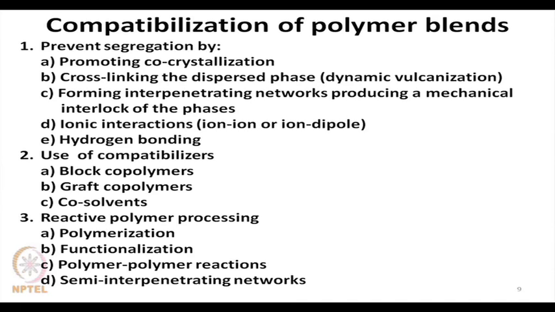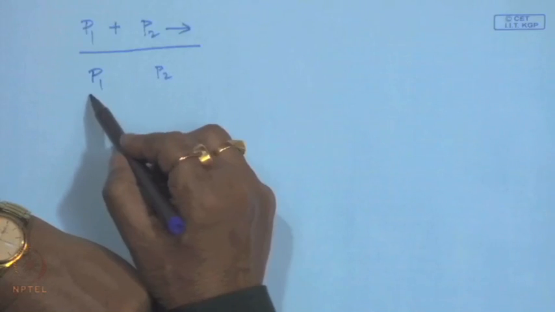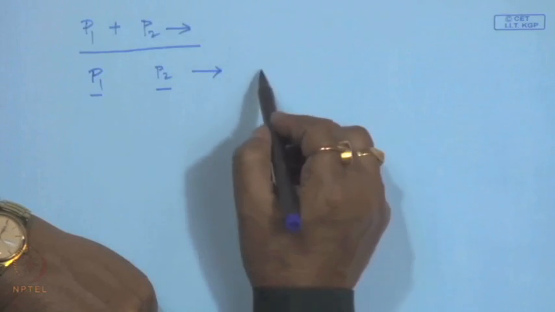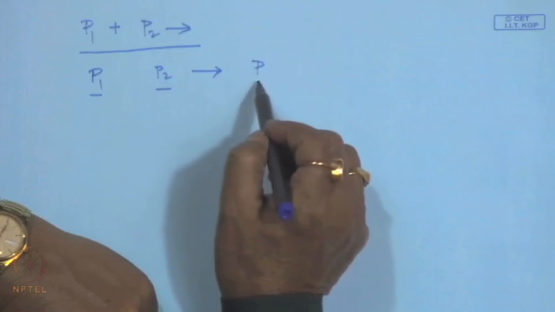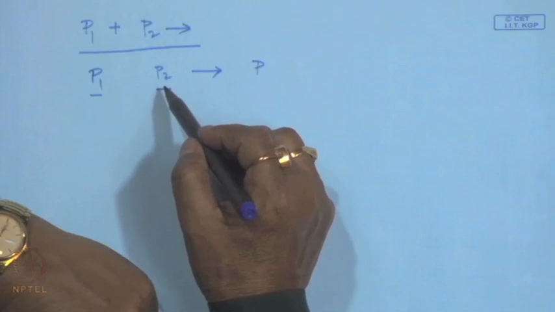One can functionalize the component polymers P1 and P2. These two polymers are available in the market. I want to develop a new product P having different properties from that of either P1 or P2.